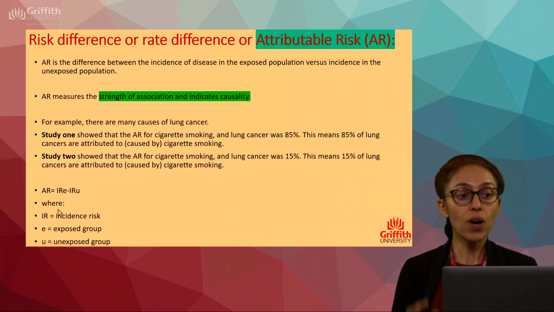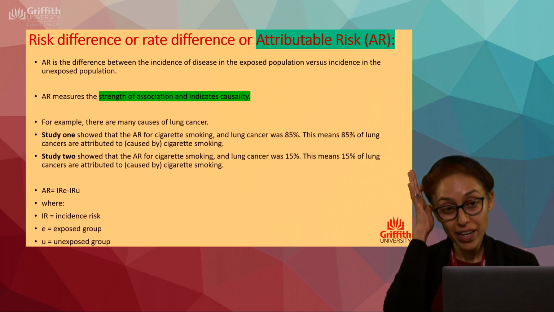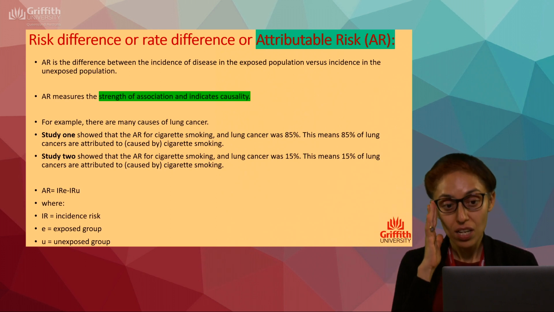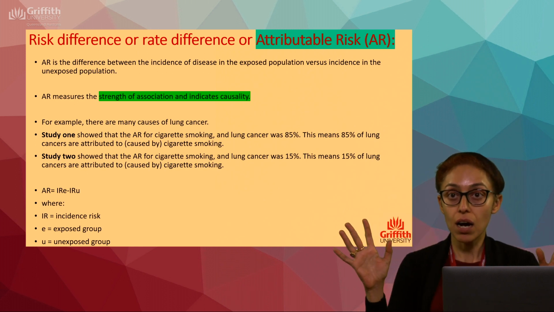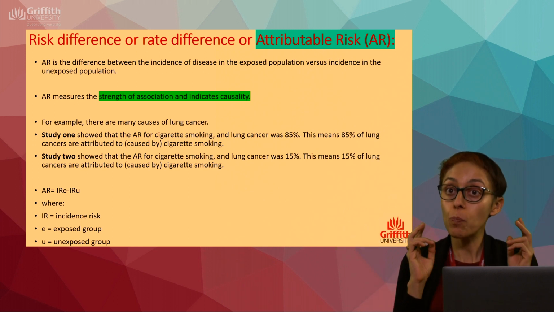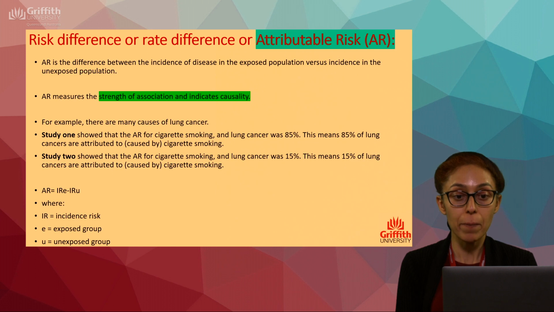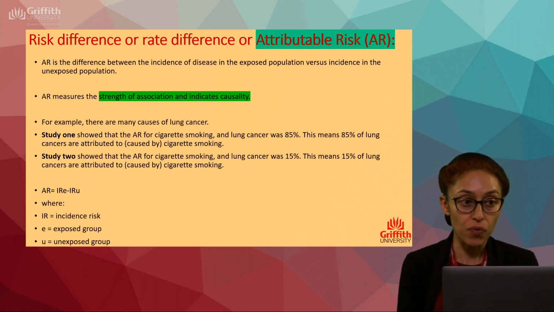Alright, so now you have risk difference or rate difference or attributable risk. So yes, different names, but the most popular one which you will find in research papers is attributable risk, but some of the papers may report the same thing as risk difference or rate difference as well.